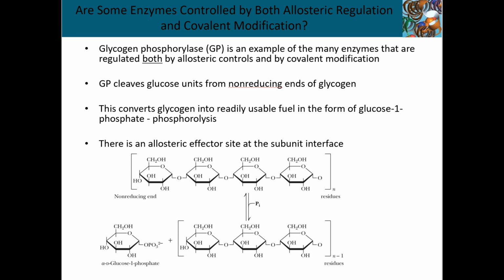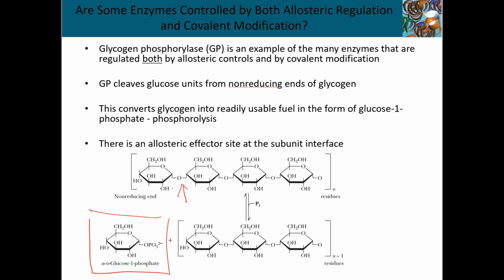This converts the glycogen to a form of useful fuel, glucose 1-phosphate, which is produced here by cleaving there. And this is affected by both allosteric regulation as well as deliberate covalent modification.